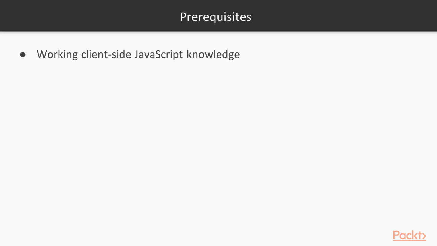So let's talk about some of the prerequisites. The first big prerequisite for this course is that you have to have working client-side JavaScript knowledge. This is the biggest prerequisite. Specifically, you have to know how asynchronous code works. By asynchronous, I mean code using async await, because we'll use it all the time.